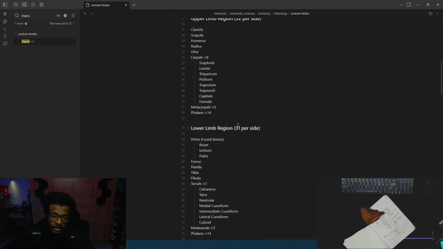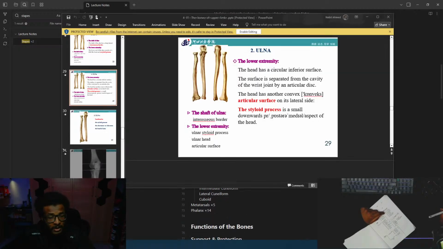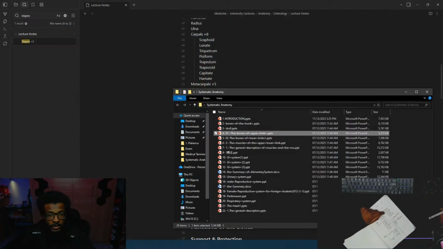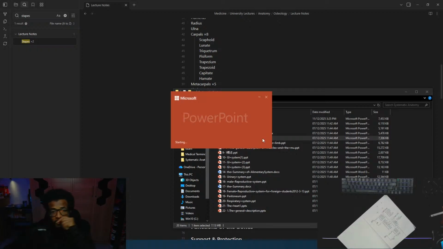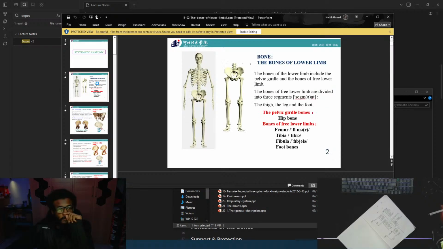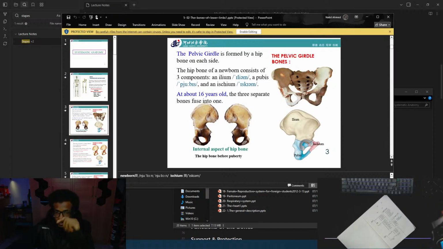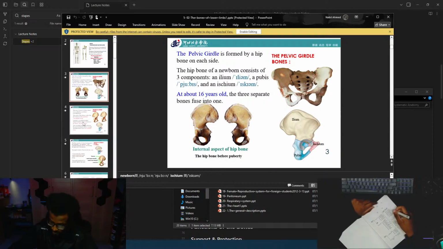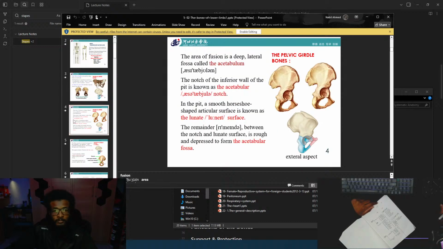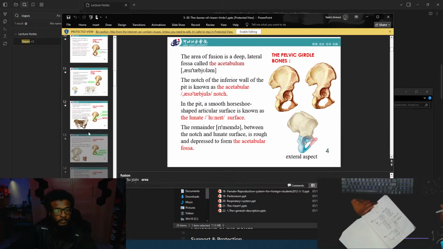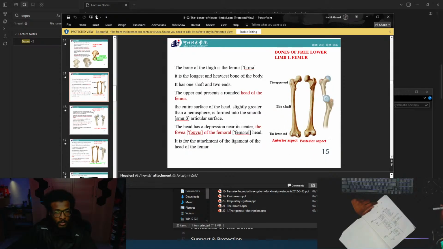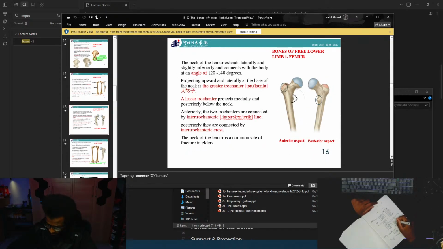Right, and that's it. And let's see where they focus on the bones of the lower limb. Definitely on the pelvis. Femur as well.